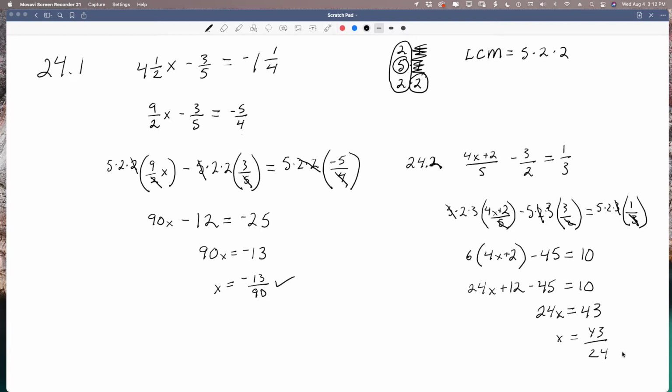All right, if you got x equals 43 over 24 for 24.2, then you got that one correct.